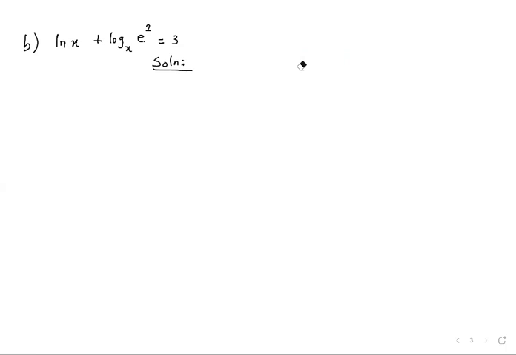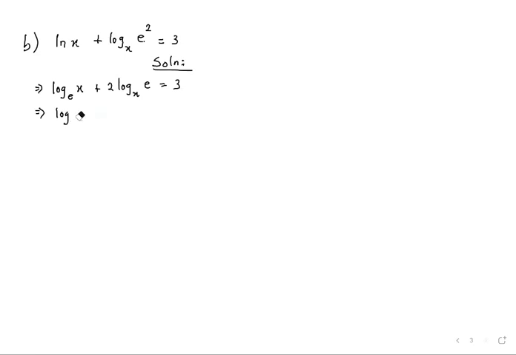Now we want to solve it by fixing x. So say we have log_e x plus, we drop the power 2, and then we have log_x e equal to 3. Then this is log_e x plus 2 log_x e, so we're changing the base to x.